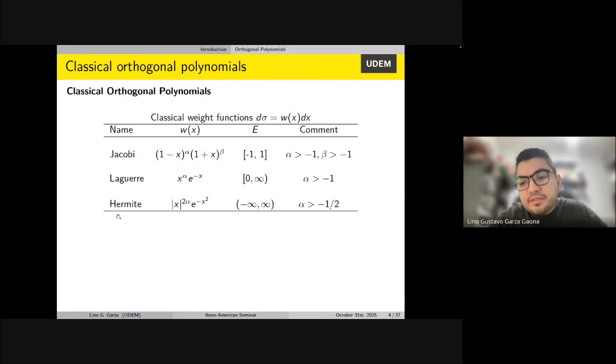These families appear in many contexts in mathematics and engineering, and they have some associated weight function on some interval or subset of the real line, and they present some parameters which have to be given in this way.